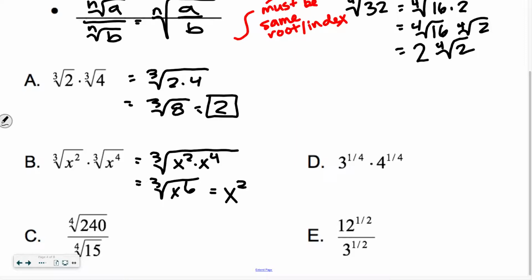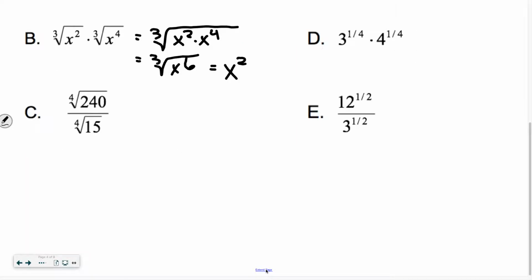Okay, but there's a different way. You could think about that as its rational exponent. The root is in the denominator, so that's x to the 6/3, which is x squared. Okay. C, I will say this. There's more than one way to do C. I could work to try to simplify the fourth root of 240. Is there a perfect fourth that goes into 240? Can I simplify it? If so, I could work around that way.